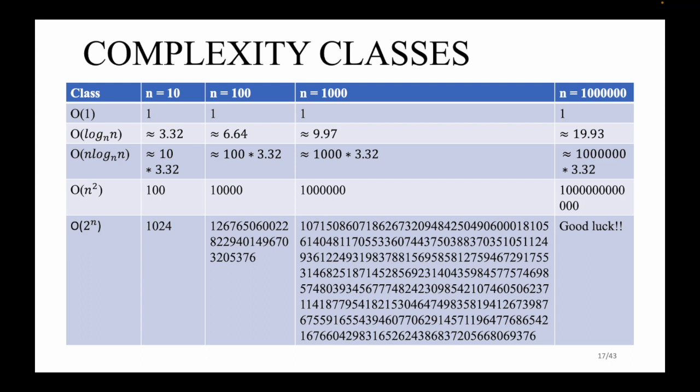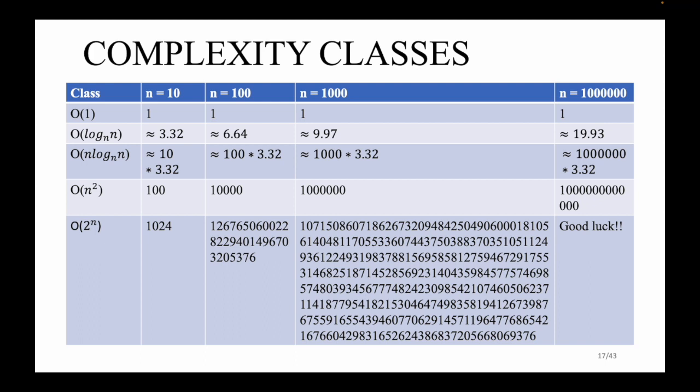Okay, so I'll show you some examples here. This is the number of input, and this one is the number of operations you need to calculate. So you can see that for O(1), constant, when n equals 10, the number of operations is 1.